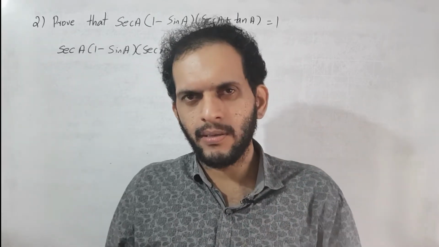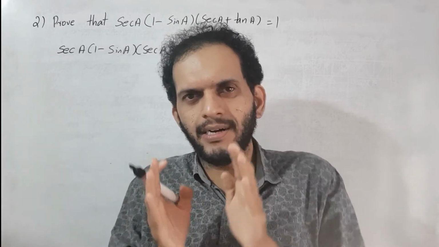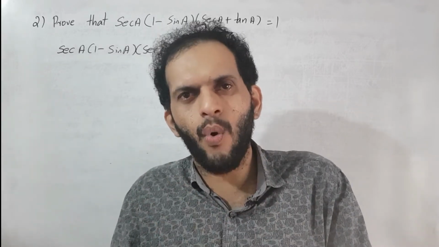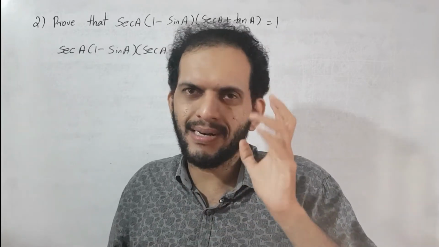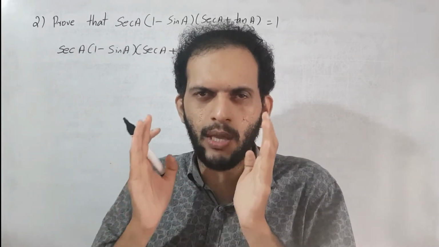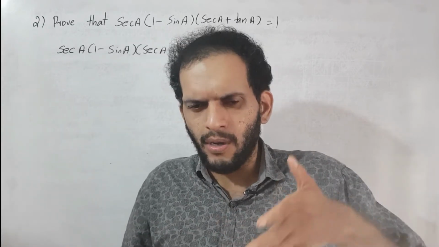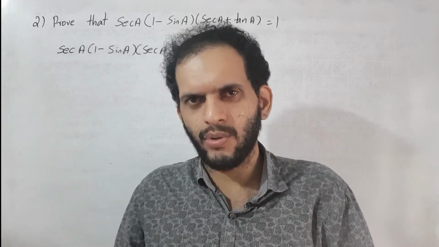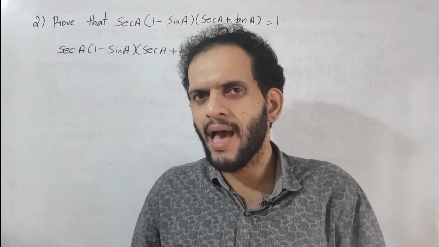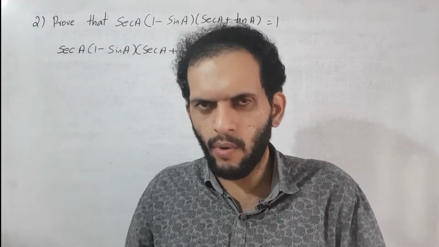I think the better way is to convert all the ratios, because we always consider sine and cos as the base ratios. So it is better to convert all the ratios in terms of sine and cos, and then it is very easy to do the work.